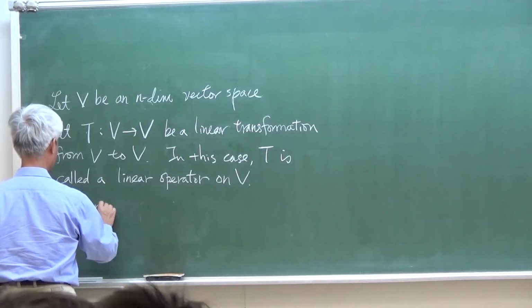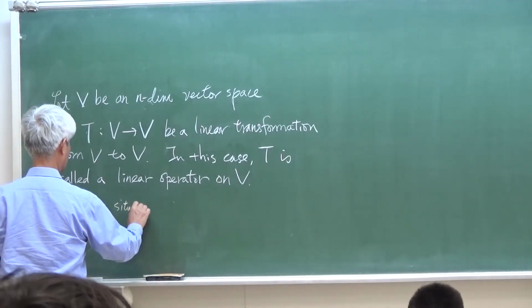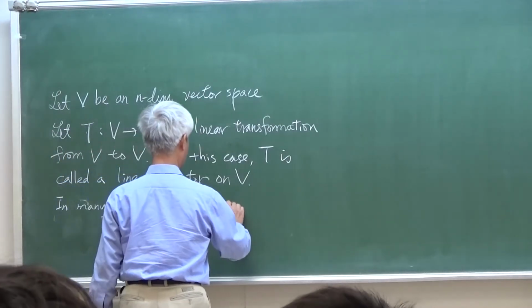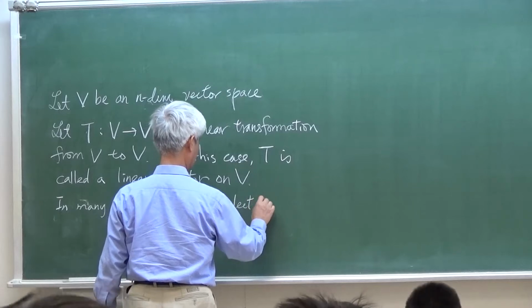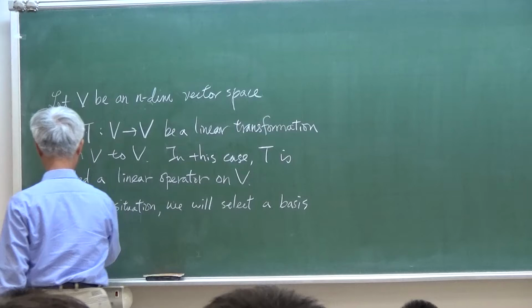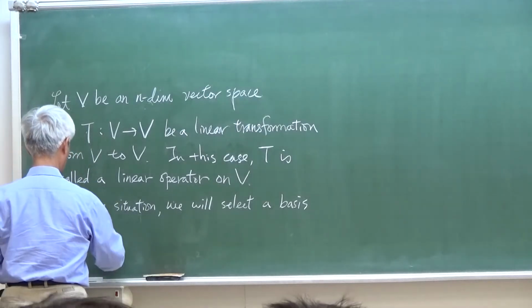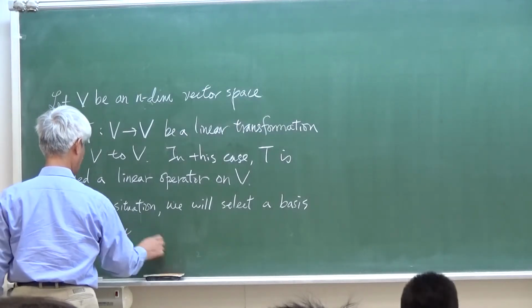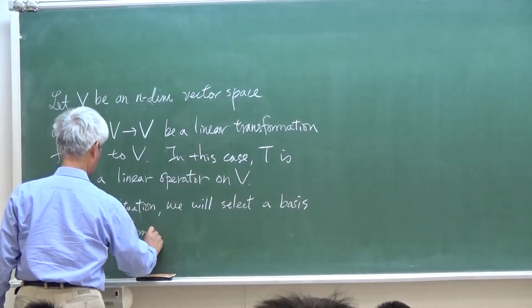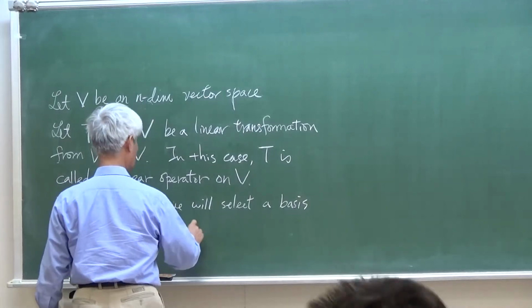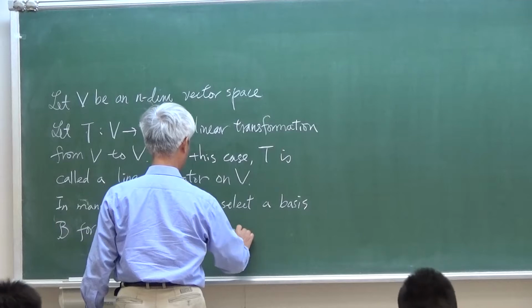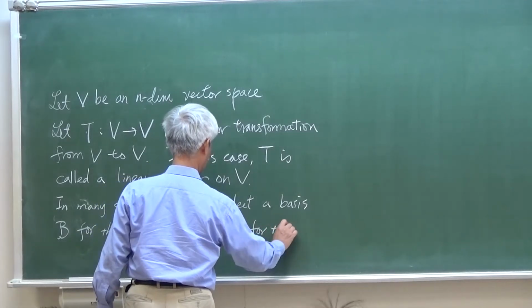In many situations, we will select a basis B for the domain as well as for the codomain.